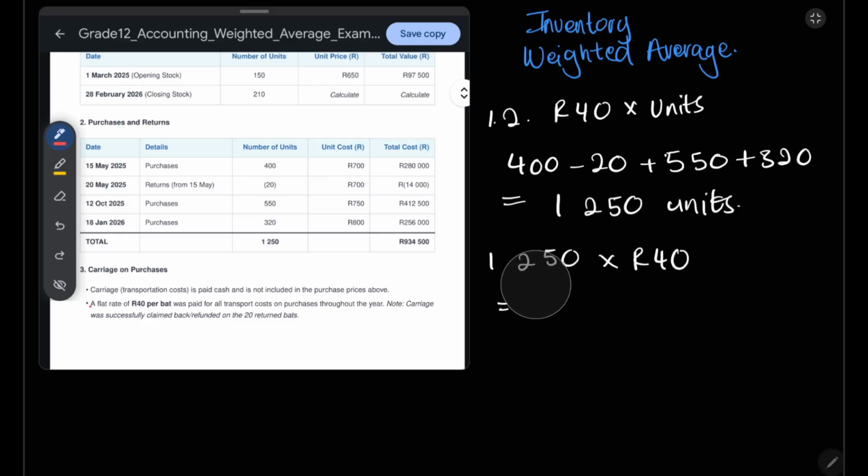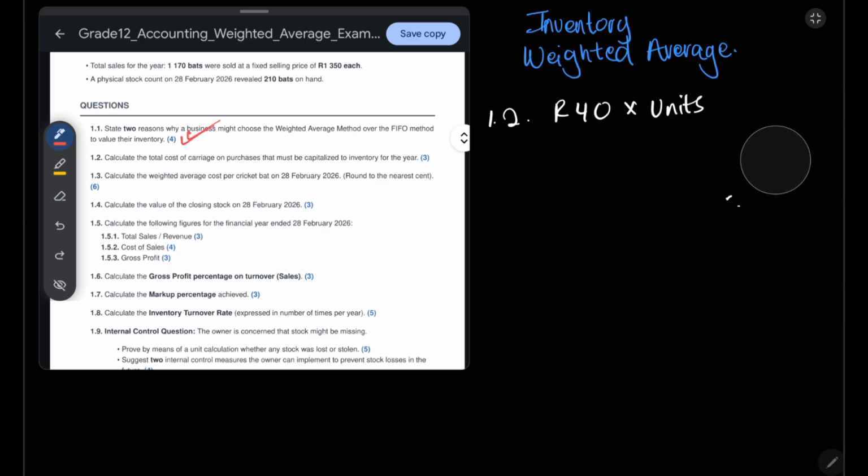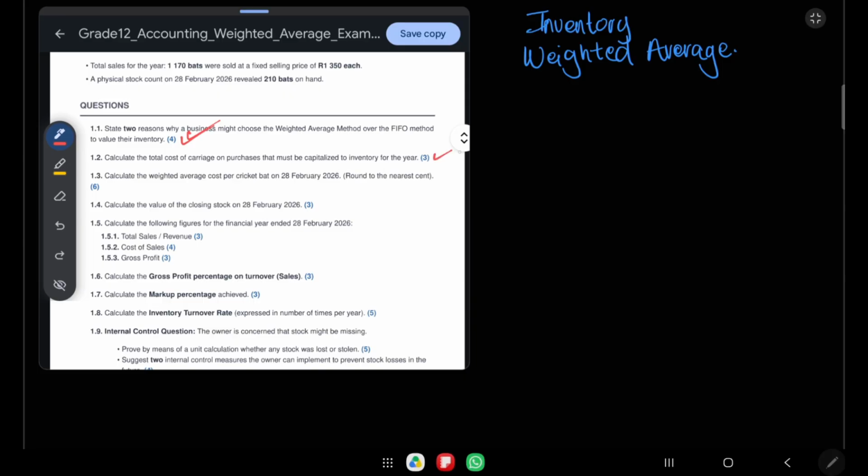Now let's move to the following question. We've done this, the carriage. 1.3, calculate the weighted average cost. Calculate the weighted average cost per cricket bet on 20th of February 2026, rounded to the nearest cent.